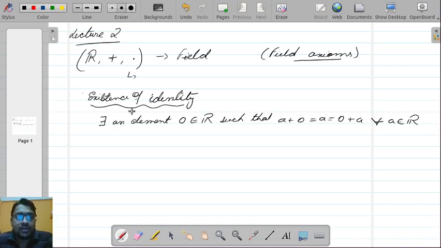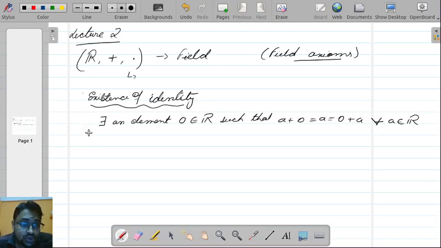Zero has lots of other properties as well. A into 0 is equal to 0, we have known that from our childhood, but that is not included in the field axioms. We will derive that as a property using the other properties that are listed. These are the most fundamental properties which are necessary to derive the others.